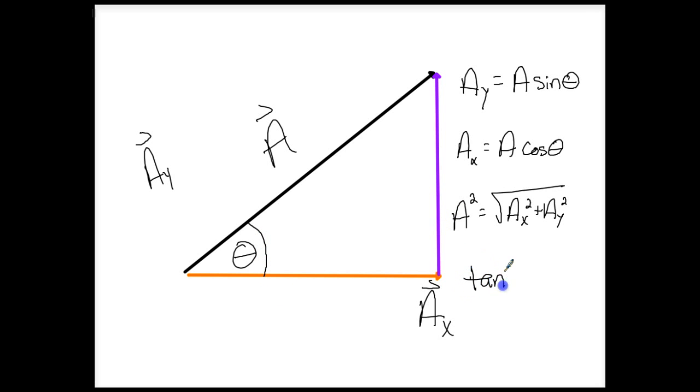It ends up being that theta is equal to the inverse tangent of A sub y over A sub x. These are all important. They're going to be really useful for you. Make sure that you keep these in the back of your mind. But of course, if you can just knock out that trig, if you know SOHCAHTOA, that's going to help you get through everything, and you'll be in really, really good shape.